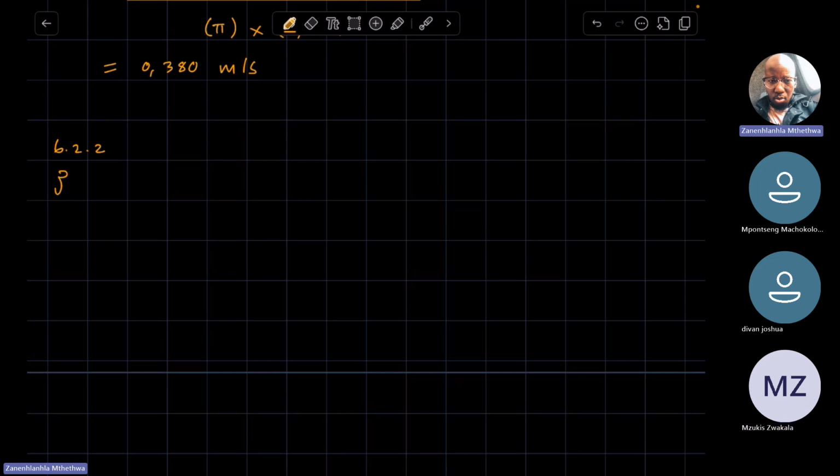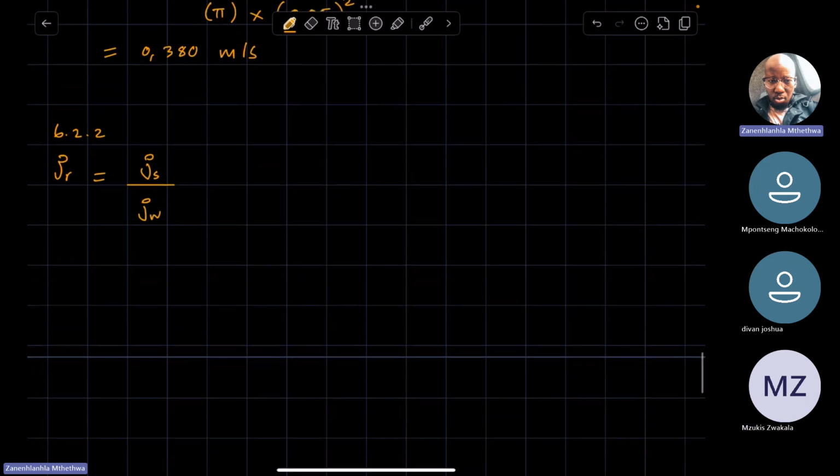Relative density is equal to the density of the substance, in this case oil, divided by the density of water.